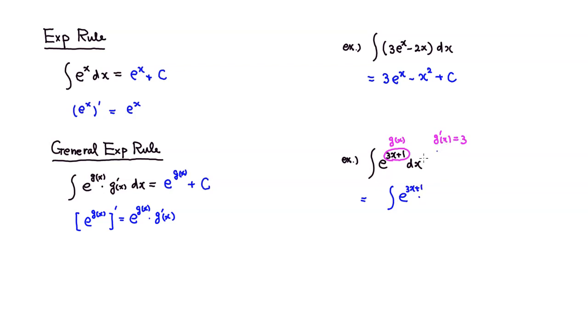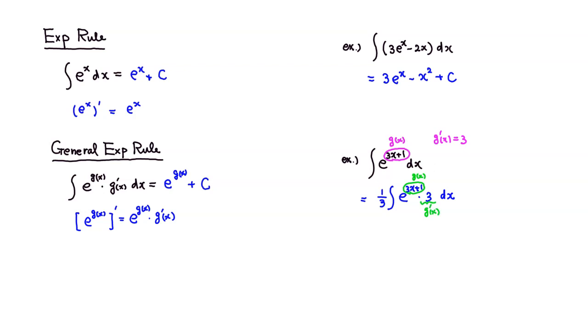Unfortunately we didn't have 3 to begin with, so we can multiply by 3 and then divide by 3. That way we don't change anything, and dx. So this way, it's exactly the format: this is g of x, and right here is g prime of x.